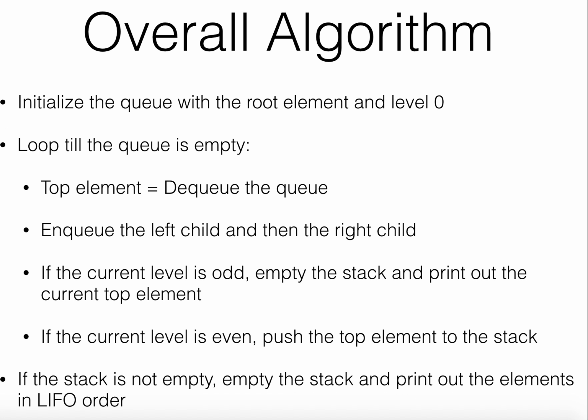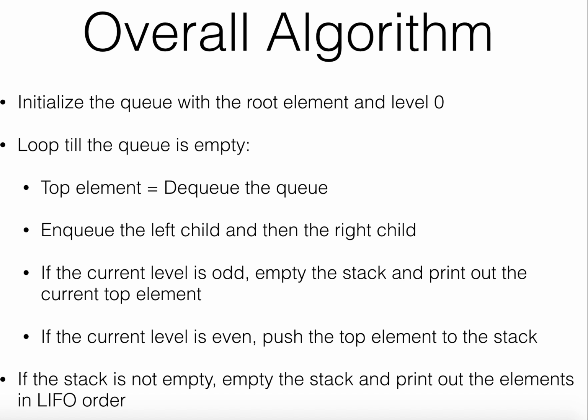So let's look at the overall algorithm. You initialize the queue with the root element and level 0, and you loop till the queue is empty. You dequeue the queue and you enqueue the left child and then the right child. This is similar to the level order traversal that we have. And if the current level is odd, then you empty out the stack that you had previously and print it out.